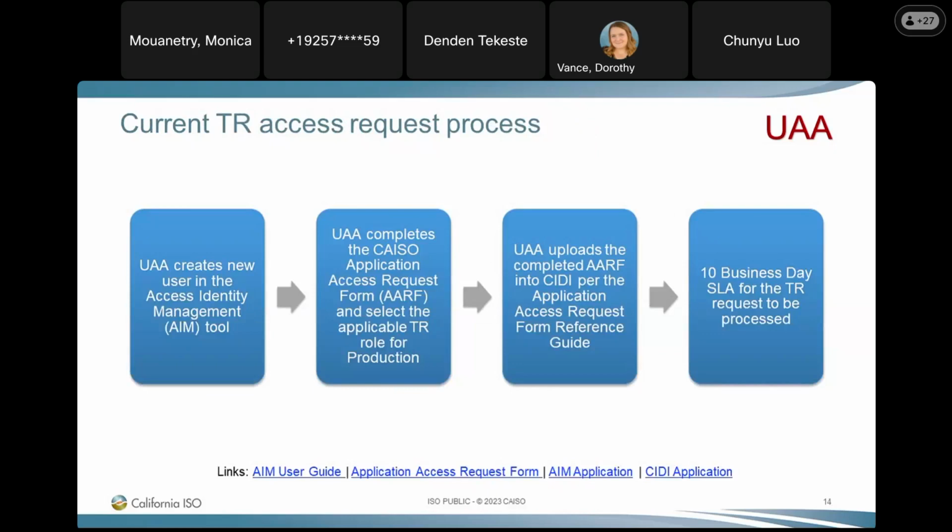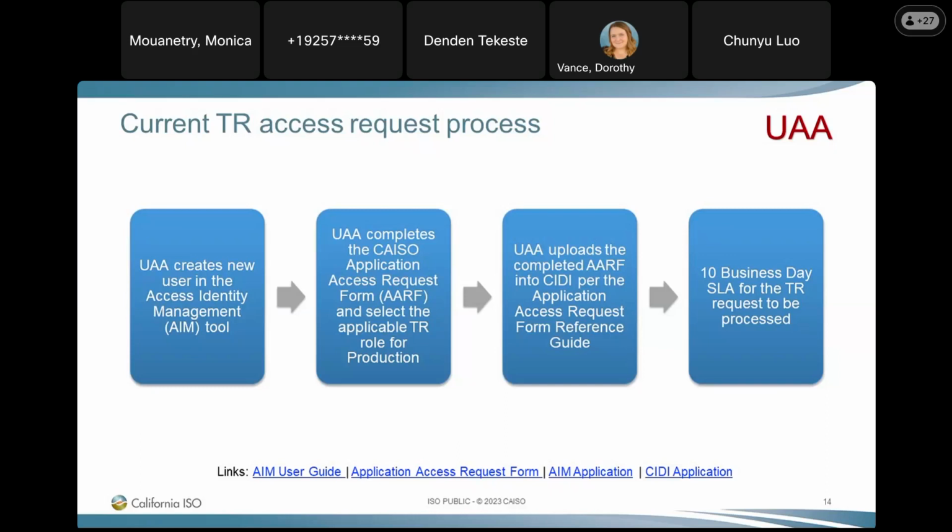So the current transmission registry access request process today is a little different from what it's going to look like in the future. There are some caveats that I do have to share with this one, because today, as the UAAs, or user access administrators, are creating access for new users in the system, they have to create the users in the Access Identity Management application, the tool that allows those UAAs to manage the organization's access.